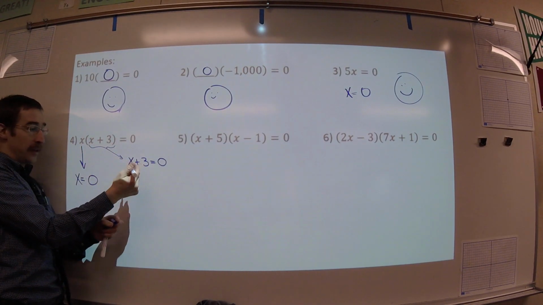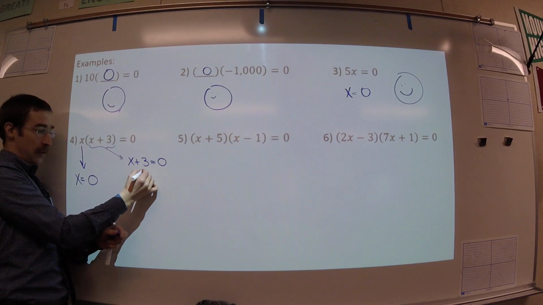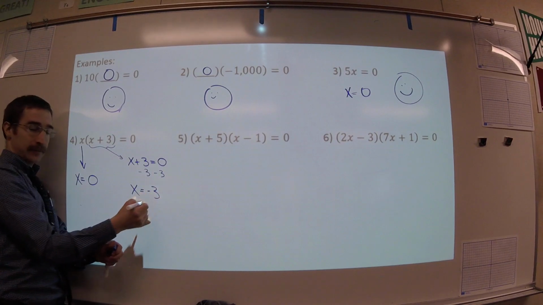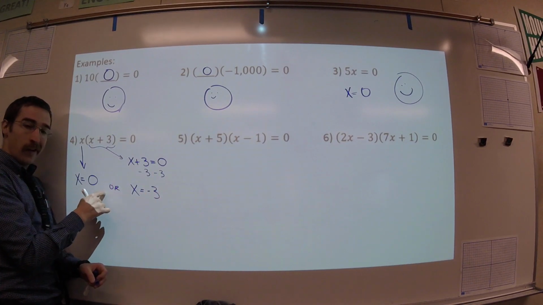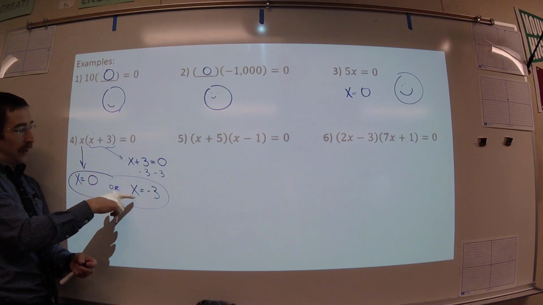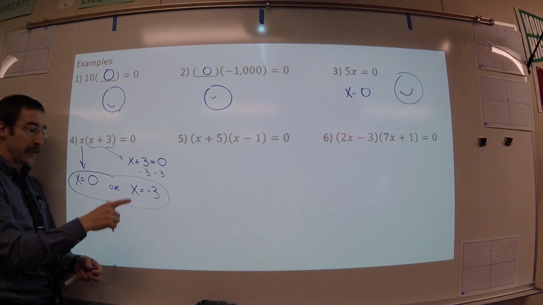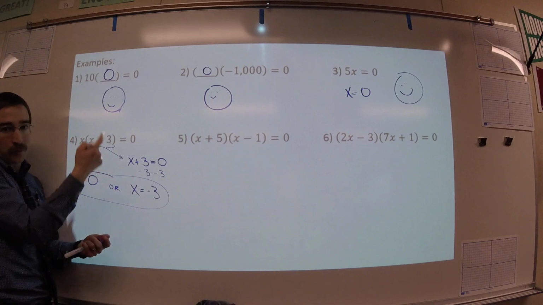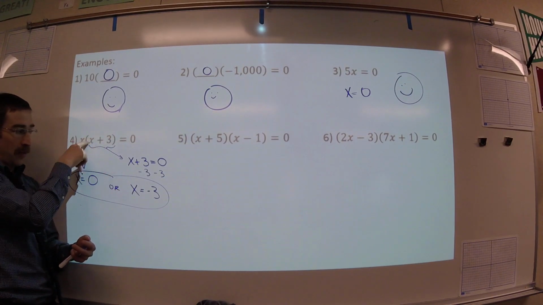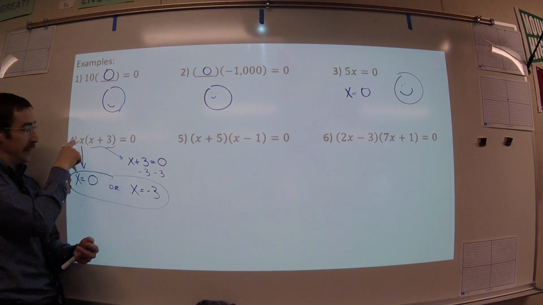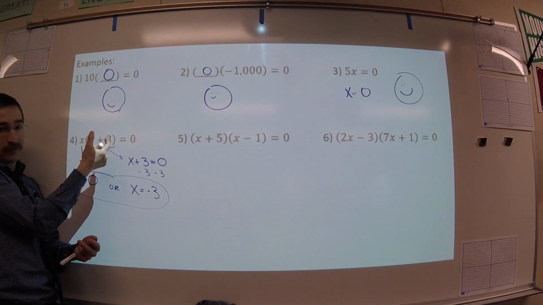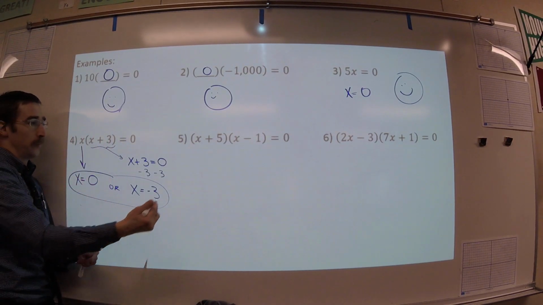Well, if that's 0, then that would mean x plus 3 equals 0, which means, do a little algebra, x is negative 3. We throw a little word or in between, and that's our answer. So x is 0 or x is negative 3. Those are our two possibilities to find when this product would be 0. Because we'd get 0 times 3, because 0 plus 3 is 3, or we'd get negative 3 times... if I add negative 3 and 3, I get 0, so negative 3 and 0 is 0. Multiply. There you go. Cool.